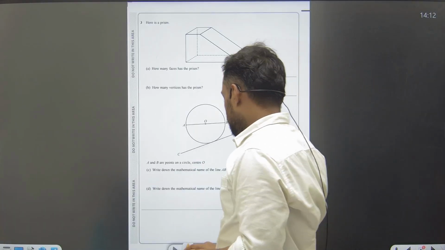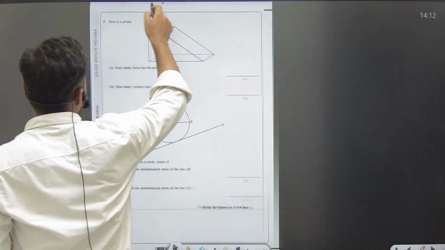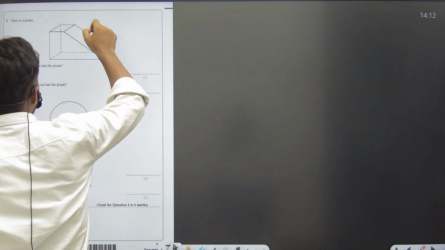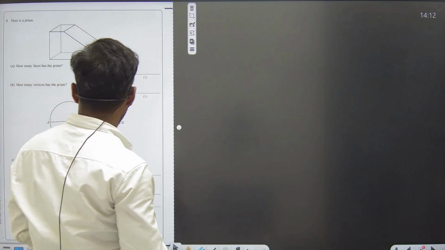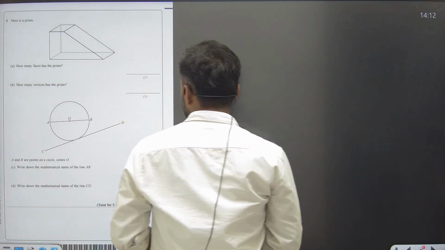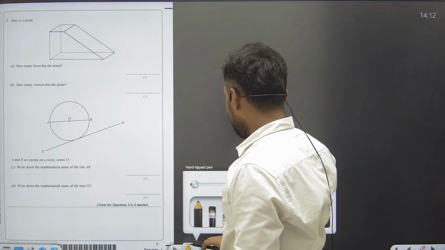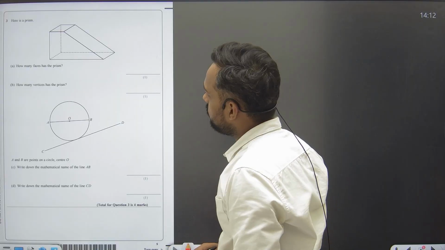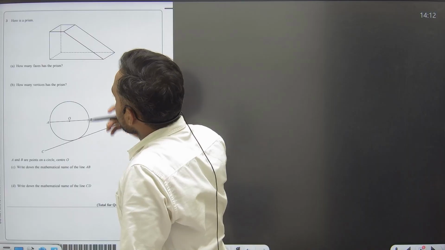Next question, student. See, here is a prism. How many faces has the prism? How many vertices has the prism? For faces, see how many faces are possible.